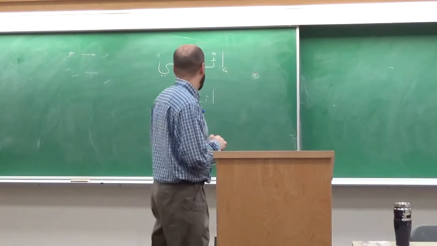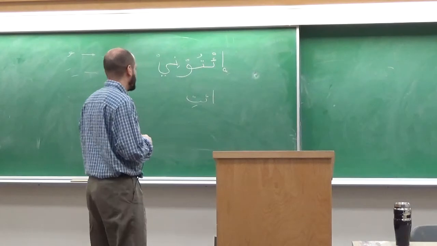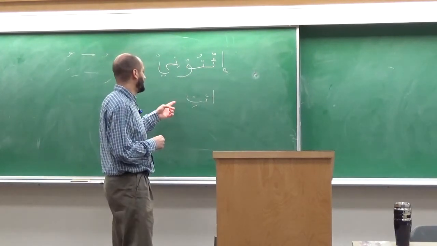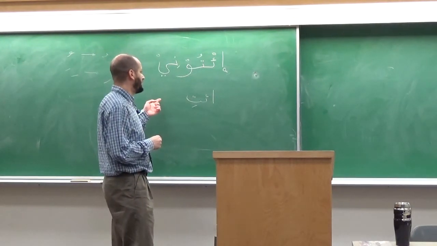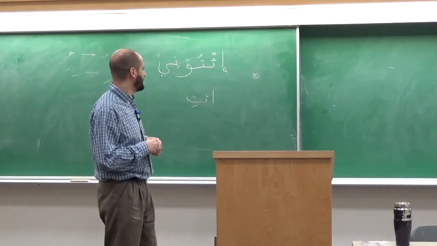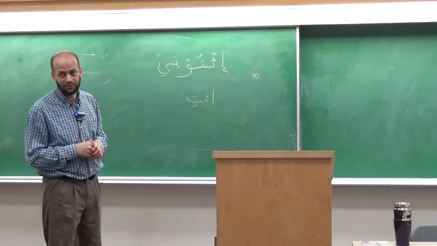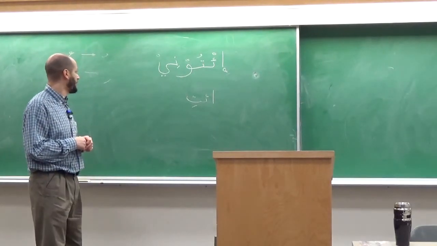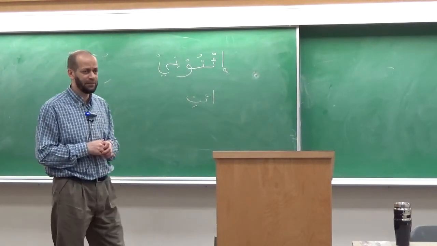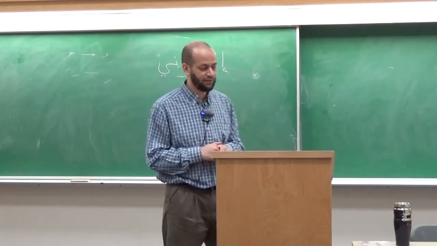So, like this one here, ittaqi, the qaf has a kasra, therefore the hamzat al-wasl will have a kasra, right? Does it make sense, Brother Hanif? Makes sense.